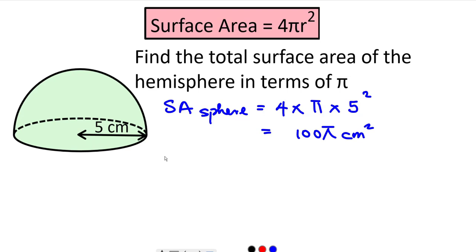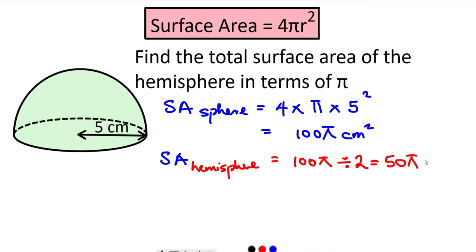So the surface area of the hemisphere will definitely have to be half of the sphere's 100 pi, and that's going to be 50 pi.